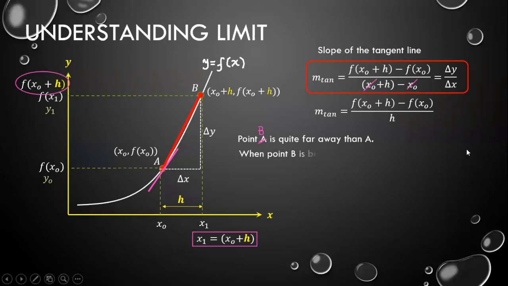When point B is brought closer to A, it means x1 minus x0 limits to 0, or h limits to 0.